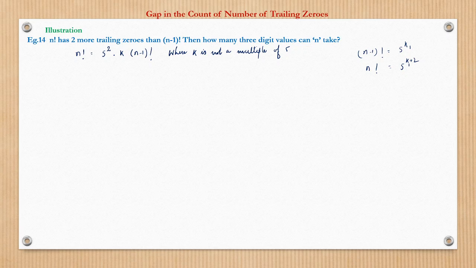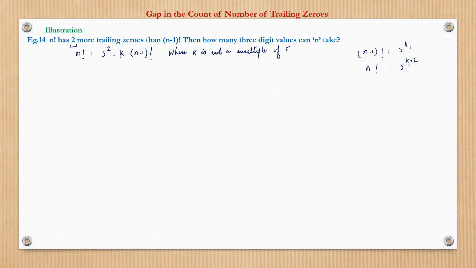Why so? See, we want only two additional zeros. So that is why we have put 5 raised to power 2 here. Now if k takes a value of 5, it becomes 5 raised to power 3. So in that case, n factorial will have 3 more zeros than n minus 1 factorial, which will violate the terms of the question. So that is why k should not take a value of any multiple of 5, right?